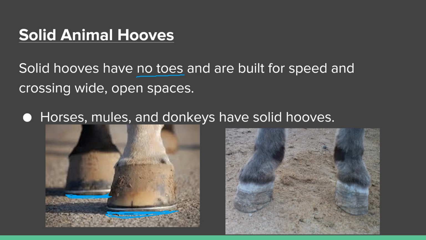And these kinds of hooves you can find on horses, mules, donkeys. These kinds of hooves, however, cannot clean themselves. If something gets stuck in there, typically their owner or something else will have to help them get it out. Can be pretty dangerous, but it's just one downside to having the hooves. But they are much more able to run and run quickly in wide open spaces.